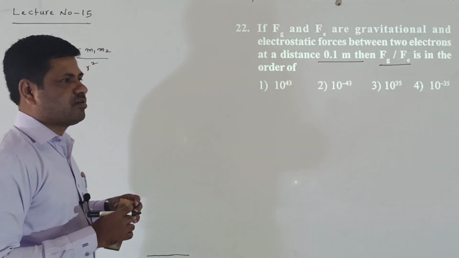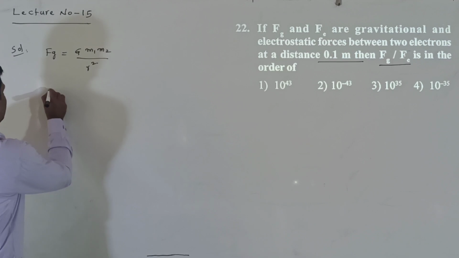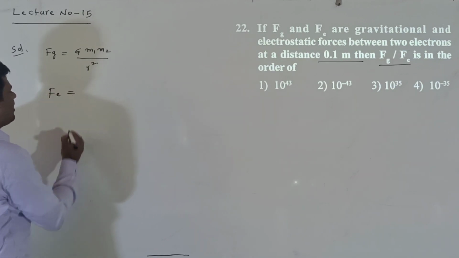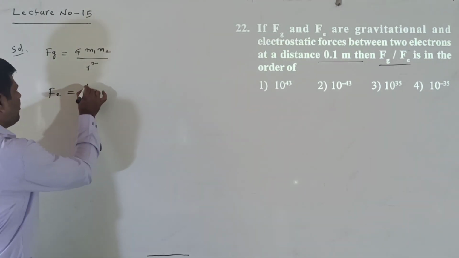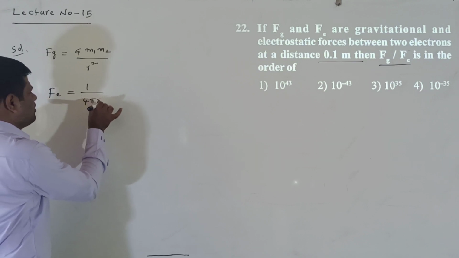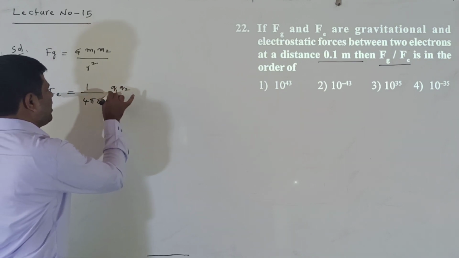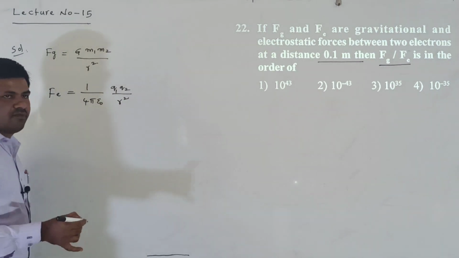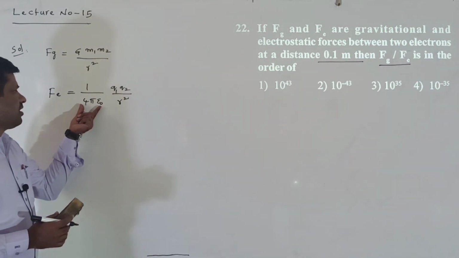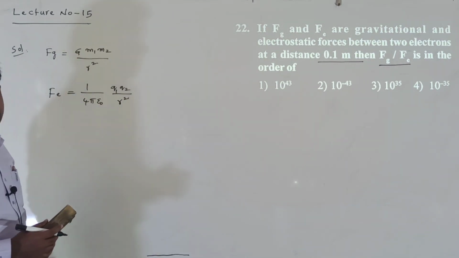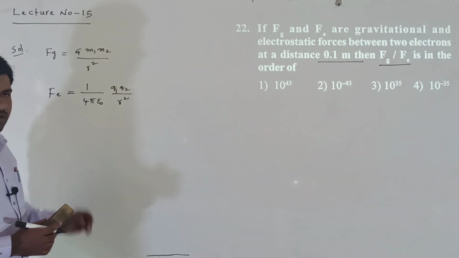Similarly the electrostatic force is Fe equal to 1 by 4 pi epsilon naught q1 q2 by r square. Here 1 by 4 pi epsilon naught is also a constant, and G is also a constant with some value.